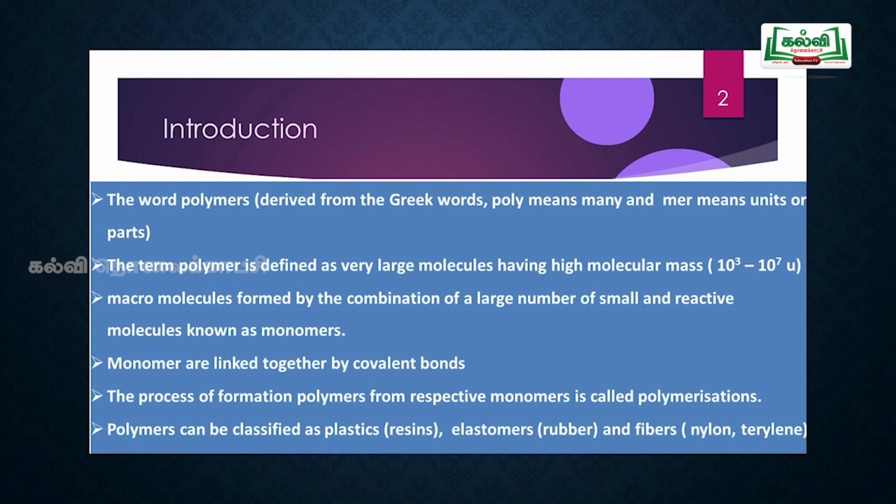Poly means many, mer means small unit, small molecule. Many small molecules combine to form a big large single molecule is called a polymer. You know what polymerization is? The process of formation of a polymer from monomers is called polymerization. Okay.